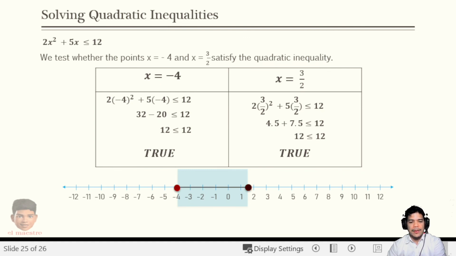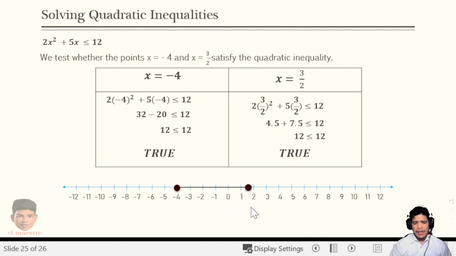And, syempre, yung bawat circle, ibablock pa rin natin yan. So, meron na tayo. How about the third region? Third region is not part of the solution because false tayo sa third region. So, wala tayong lalagay. So, kita nyo. So, meaning, yung lahat ng values ng x na magsasatisfy sa ating inequality is lahat ng nasa negative 4 hanggang sa positive 3 over 2.